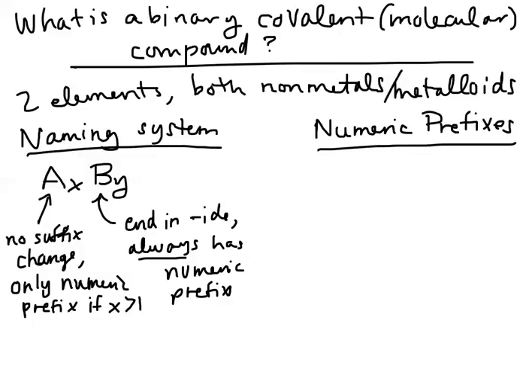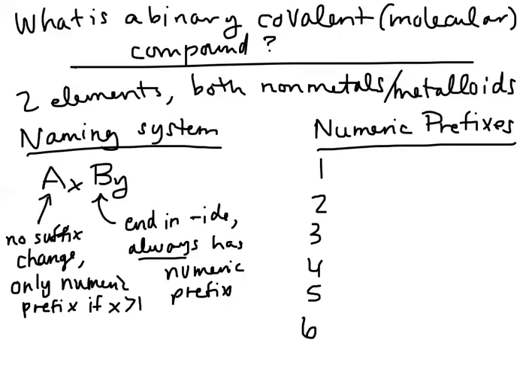This will not be on the quiz this week, but it will be on the test because we're learning it this week, right? Everything on the quiz is from last week. The numeric prefixes that you have to know are the ones for 1, 2, 3, 4, 5, and 6. You can go much higher than that, but in this class, you only have to know 1 through 6.